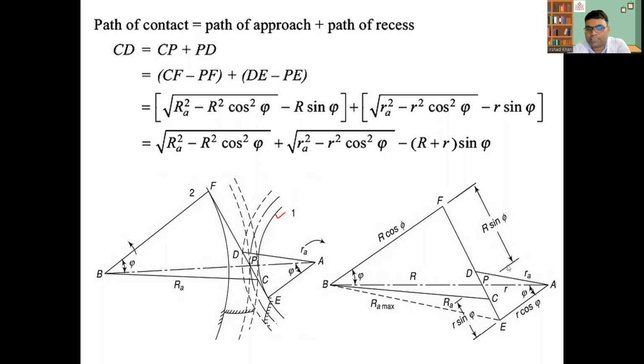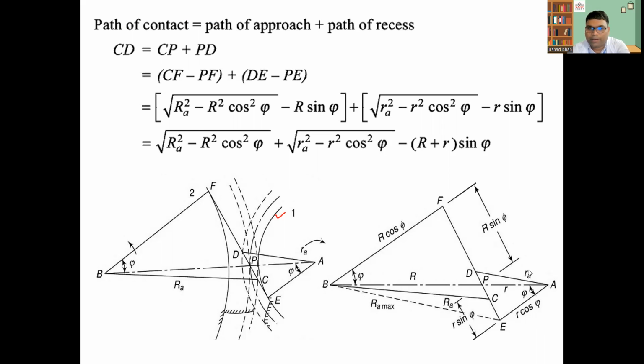Geometrically, you can apply trigonometry to the right angle triangle. We know this is the pitch circle radius of the wheel, which we assumed is R. Once we know the pitch circle radius, this part is R cos phi, and this part, P to F, becomes R sin phi. Similarly, we can apply this concept to the pinion part.